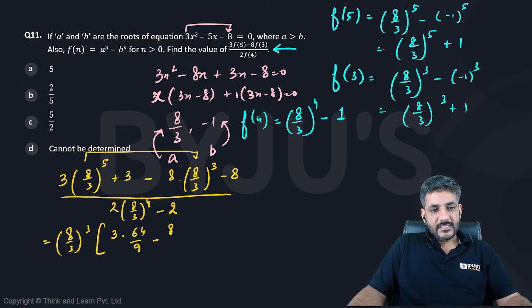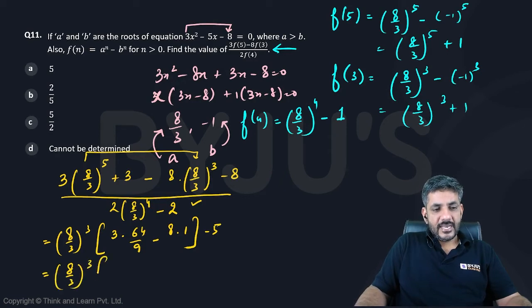Minus 8 into 1, and plus 3 minus 8 is minus 5, divided by that is there. I have less space, so I would not be writing that here. Now the next one is (8 by 3) whole cube. Inside what do I have? 3 3s are 9, so it is 64 by 3 minus 8, or I have 40 by 3 and then minus 5. 40 by 3 minus 5.